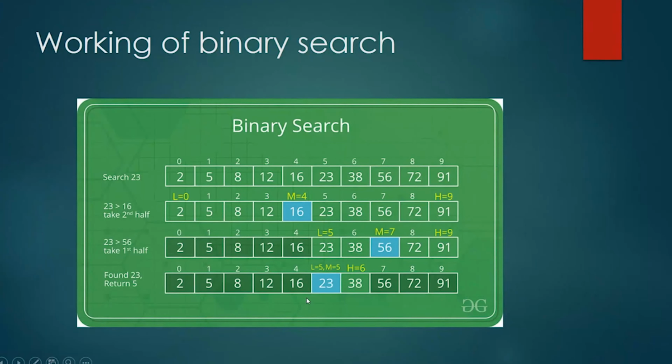If we have to search 24, 23 is less than 24, so possibly 24 will be to the right of it. So we have only one element left at the right of 23, which is 28.